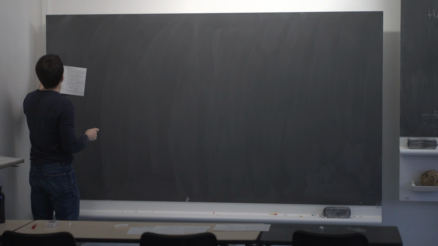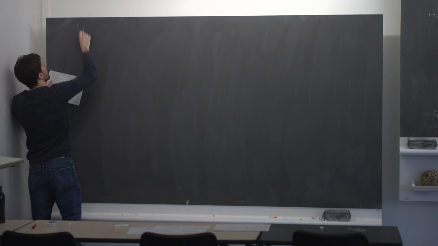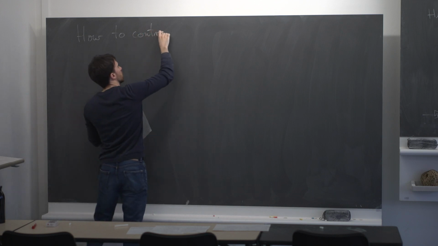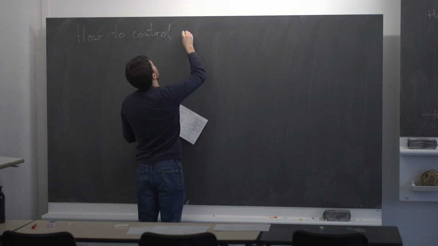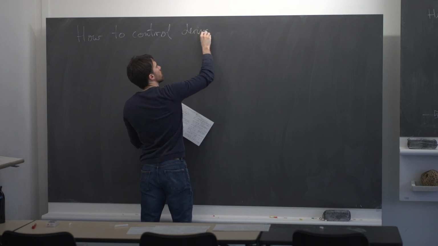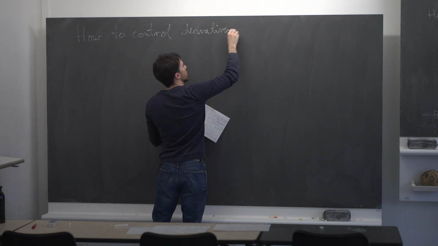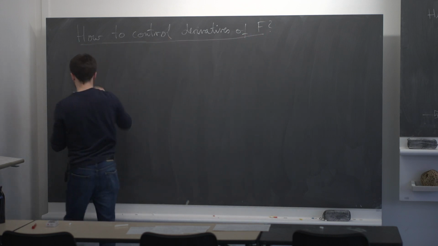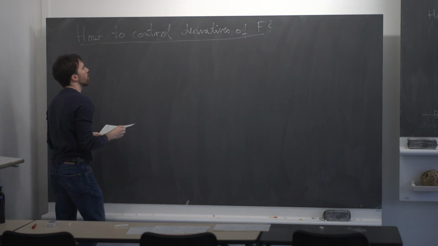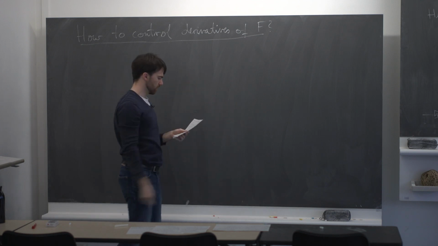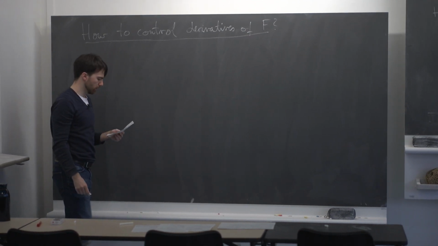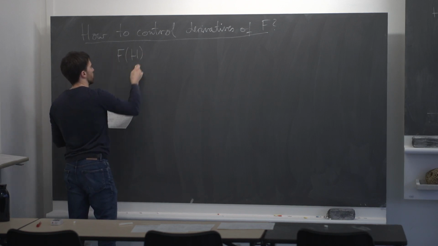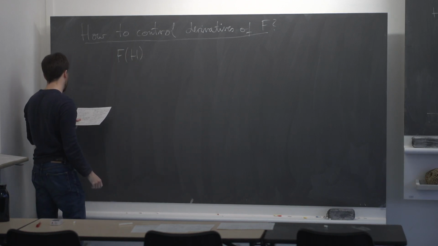So let me give you some ideas on how to control derivatives of f. If we apply this sketch that I gave to you before most naively to our situation, then the f looks as follows.